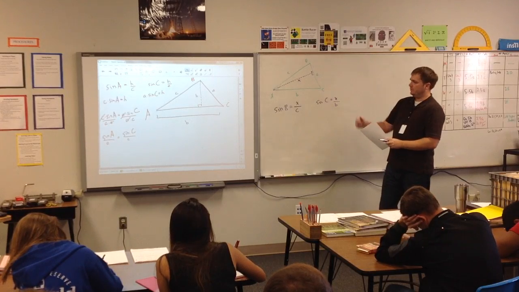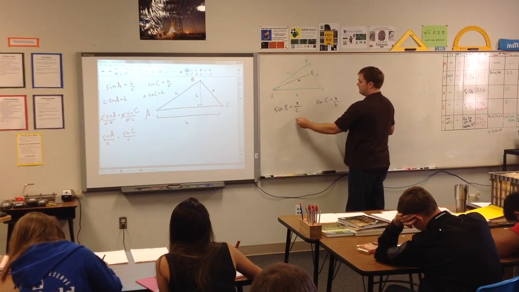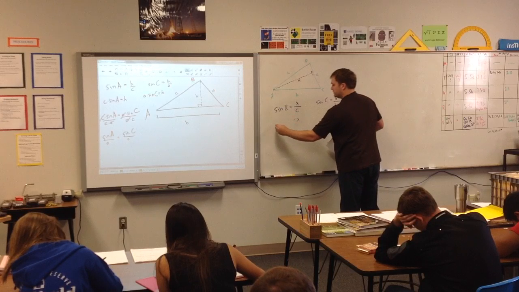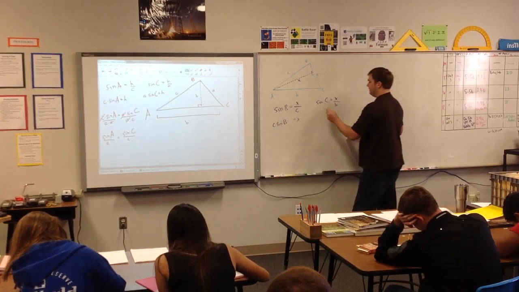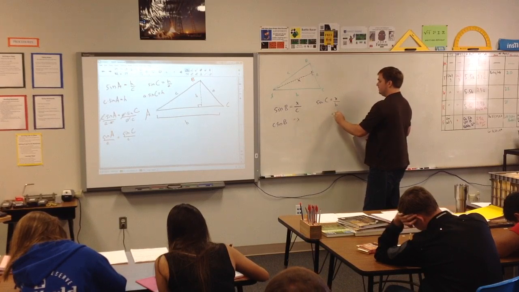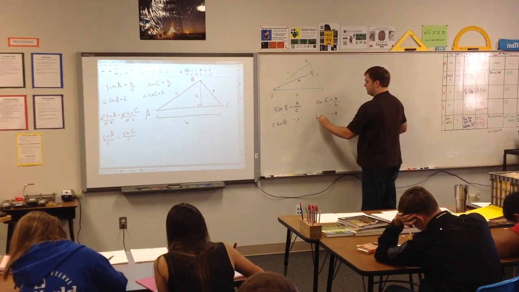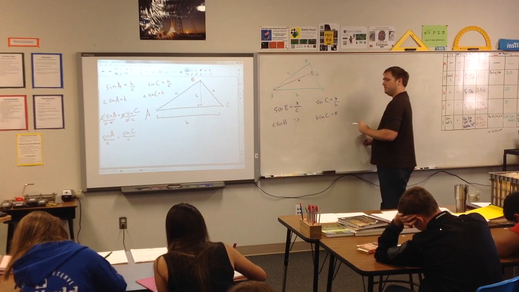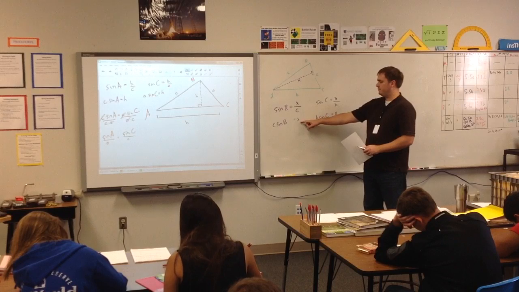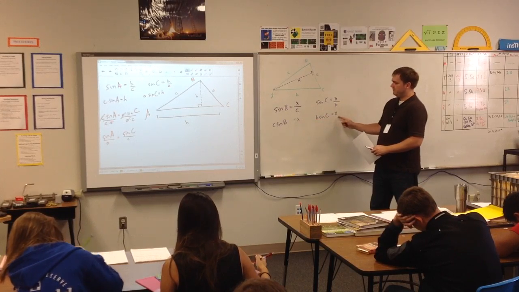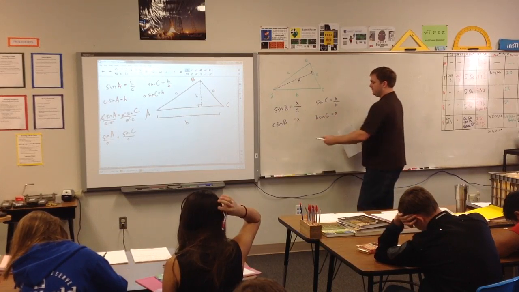And then, just like before, we're going to solve for X, so X equals little c times the sine of angle B. Over here, multiply both sides by b. We get X equals little b sine C. And just like over there, we have two things that are equal to the same thing, therefore they must be equal to each other.